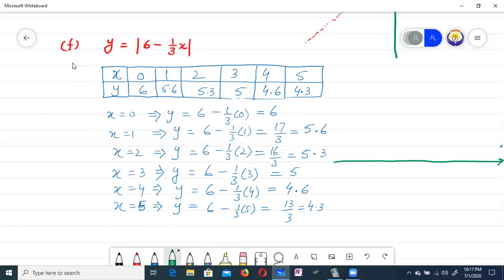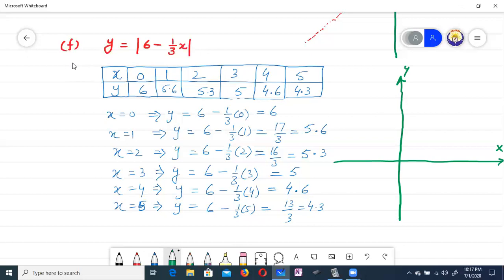This is x-axis, and this is y-axis. You have to draw the straight lines, x-y plane, both axes.